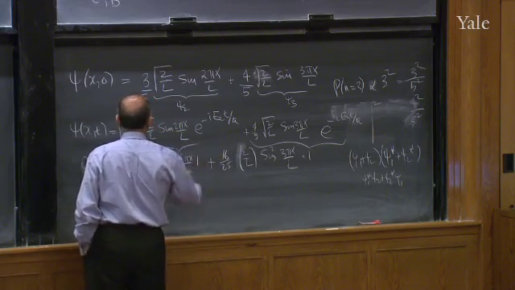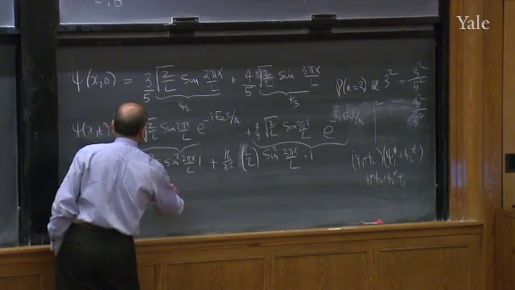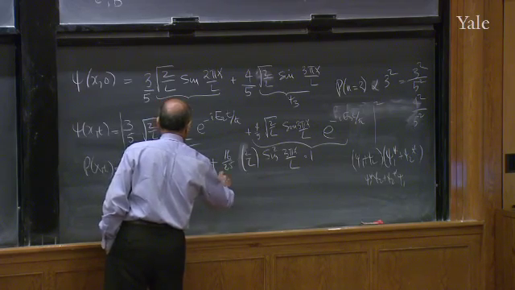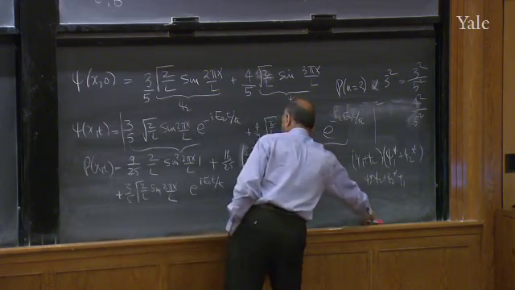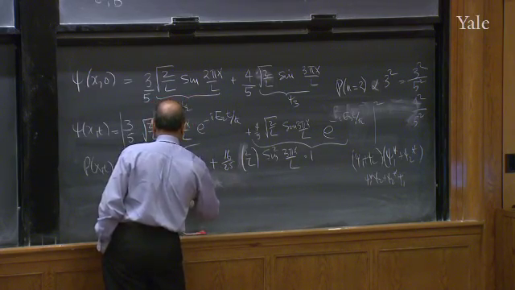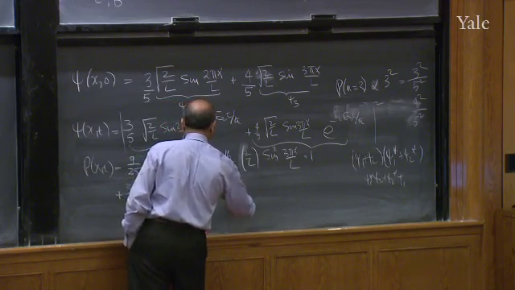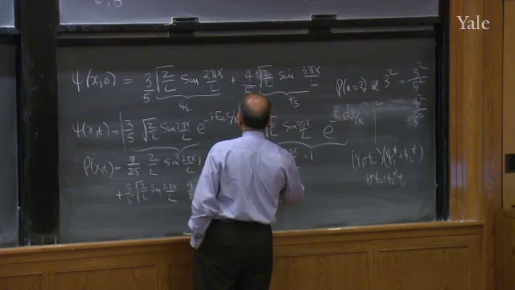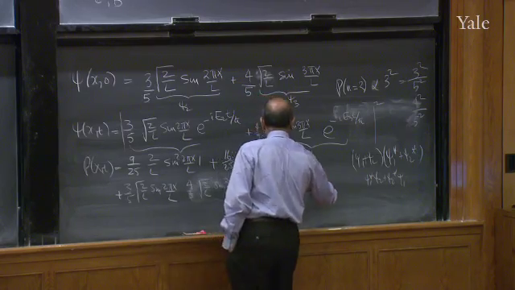So if you take psi 1 star psi 2, you will get 3/5 square root of 2/L sine 2 pi x over L times e to the plus i E2 t over h bar times 3/5 times 4/5 times square root of 2/L sine 3 pi x over L times e to the i (E2 minus E3) t over h bar, plus one more term.